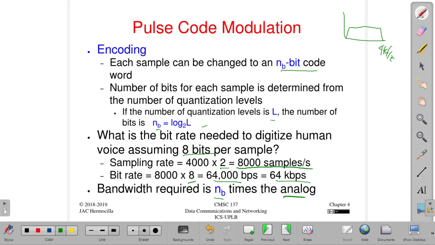So if we have 8 bits and the original bandwidth is 4 kilohertz, therefore the bandwidth required for this is 32 kilohertz. Okay, so that's what we mean by that.